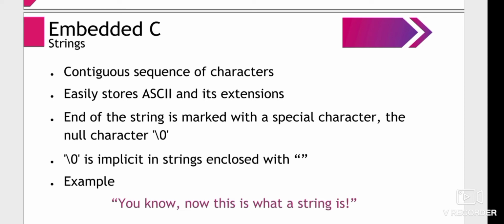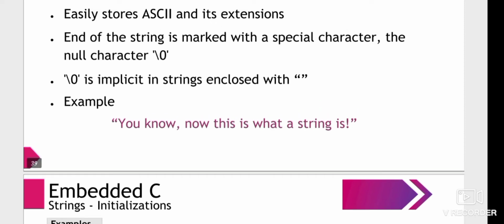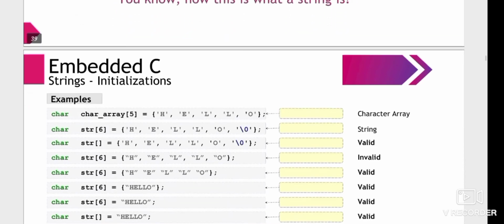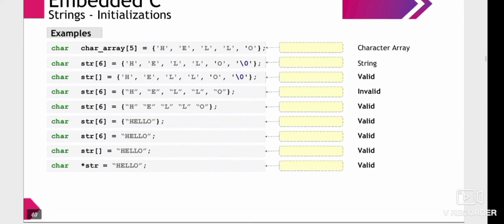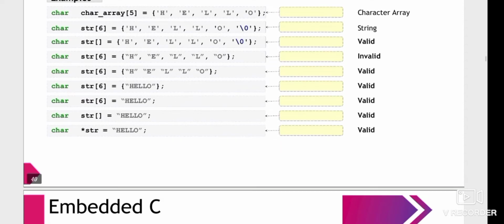The end of a string is marked with a special character, the null character \0. \0 is implicit in a string enclosed in double quotes. For string initialization, for example, we use a character array. Some of the examples are shown in this slide.